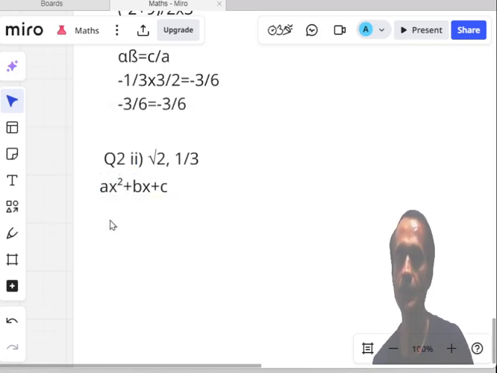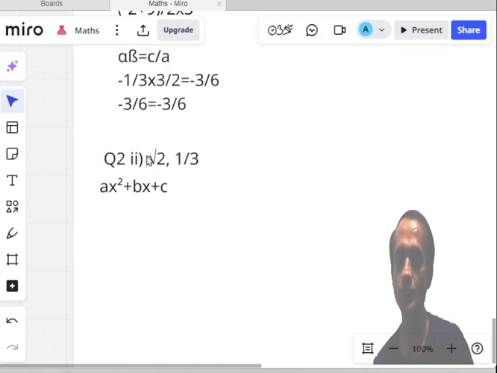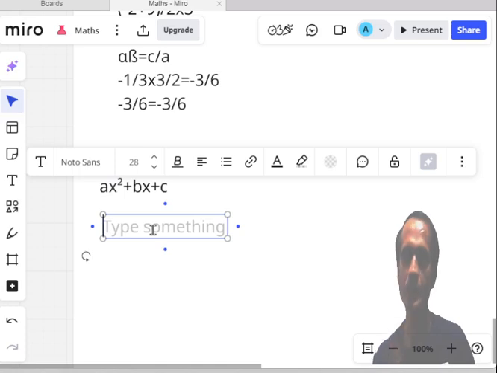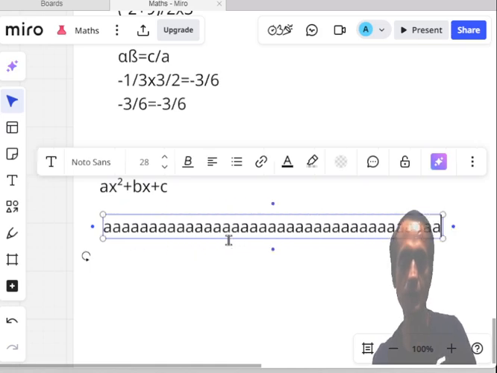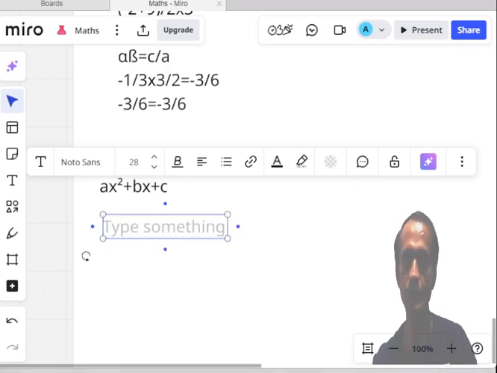We are already given that the sum of roots is root 2 and the product of zeros is 1 by 3. And we know the relationship between the sum of zeros and product of zeros, so we write the relationship.